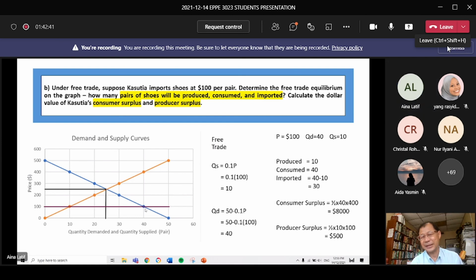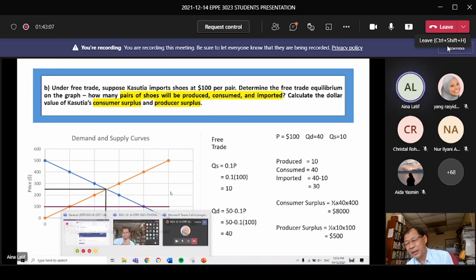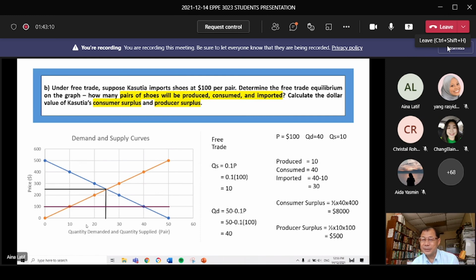Forty is the amount demanded in the country. Then go to the red line, which is supply. Its intersection with the free trade line at $100 is 10 units of supply. So imports are consumption minus supply, 40 minus 10, which is 30. Thirty is the amount of imports.